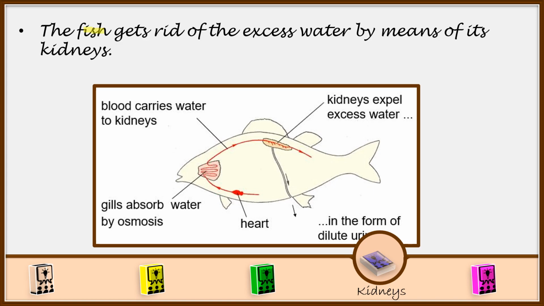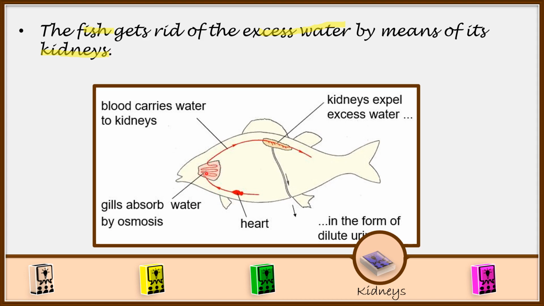The fish gets rid of excess water by means of its kidneys. Here we have the heart, which pumps blood, and when the blood goes to the gills, the gills absorb water by osmosis.